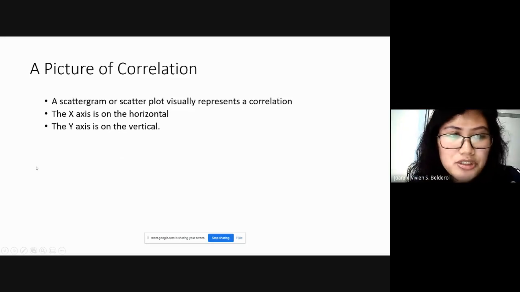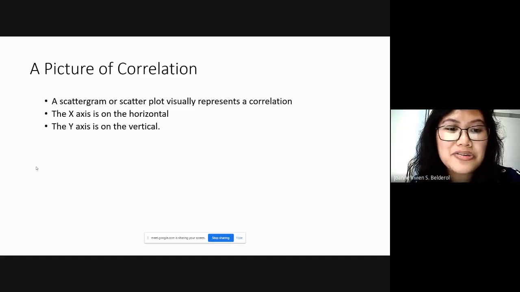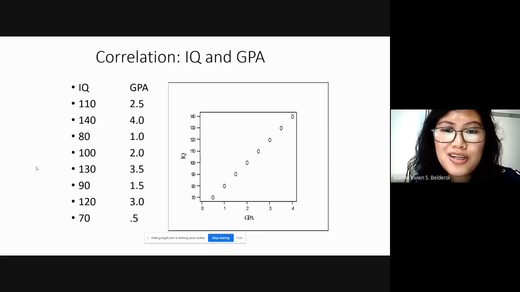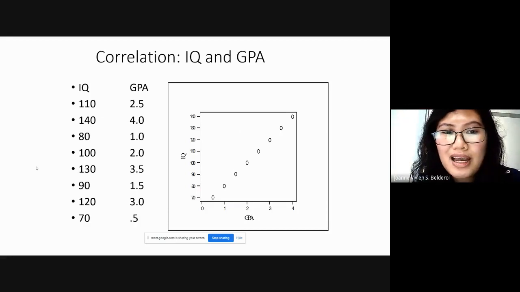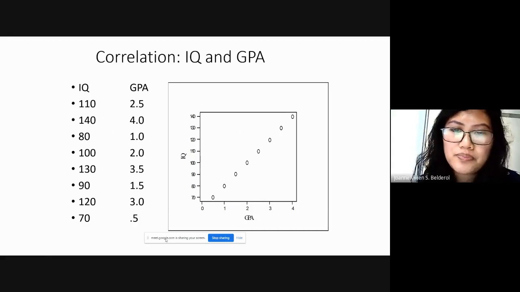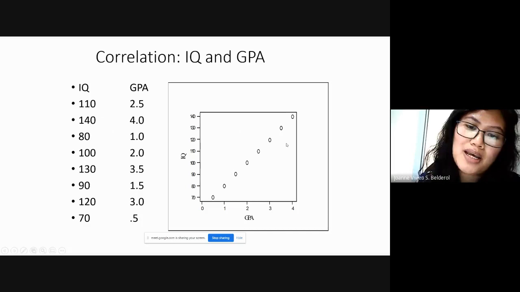Now, this is a picture of a correlation. We usually use a scattergram or scatter plot to visually represent it. If you look at IQ and GPA, this is the scatter plot. Is it a positive or negative correlation?